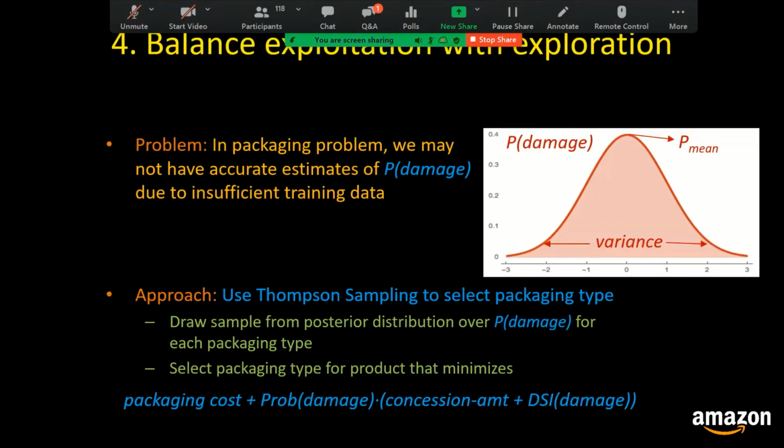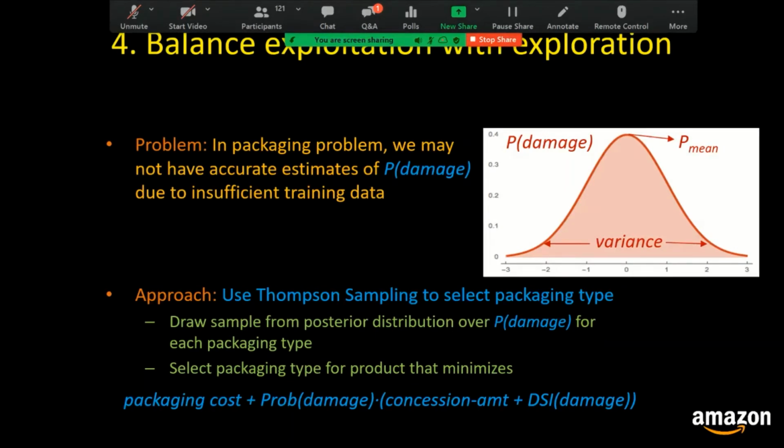Now, in the packaging scenario, we may not have accurate estimates of damage probability. This could be due to insufficient training data, there could be data distribution changes, or you could have new products and package types. So, that's a typical cold start scenario. Now, most ML models out there will return point estimates for P damage, and that corresponds to the mean.